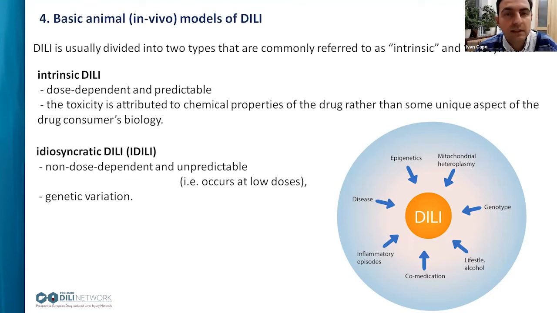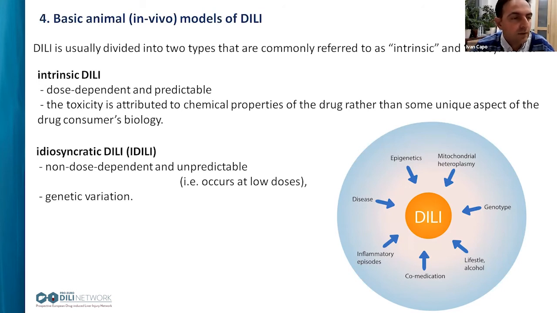The intrinsic DILI is dose dependent and predictable. We use some toxins or drugs to create liver damage, and it's not so dependent on the biology of the animal or the differences between the animals.